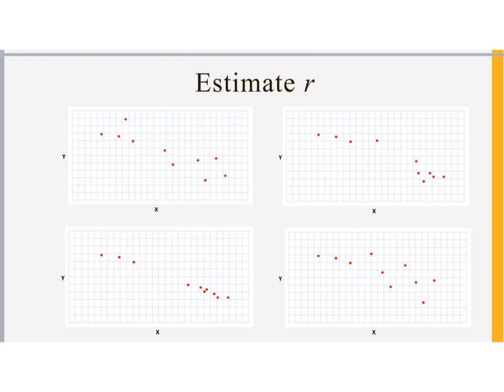With that in mind, take a look at these 4 graphs and try to consider which one you think has the strongest correlation and which one looks like it has the weakest correlation. To do so, you're going to have to visualize what the line would look like that's passing through the approximate location of the dots.